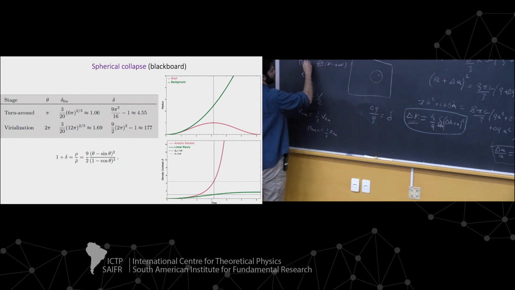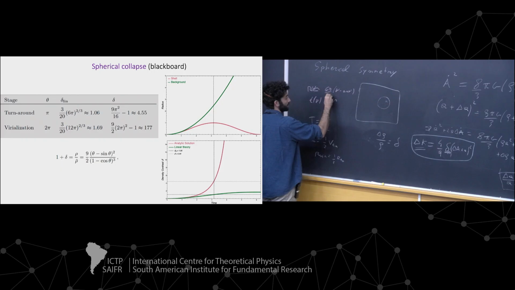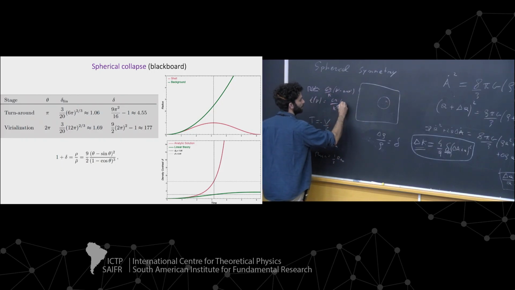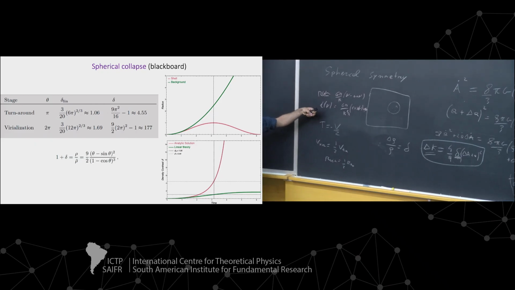So you have r of theta and t of theta, which is this. Here is the energy, so it's k. Here is k to the 3 over 2, theta minus sin theta, plus t0. So you just give the radius and the time of the thing in parametric form as a function of theta.